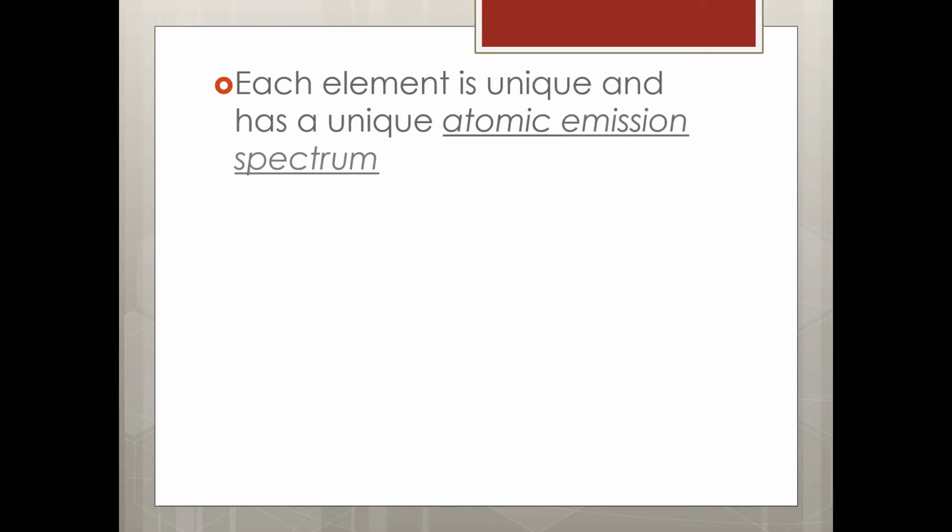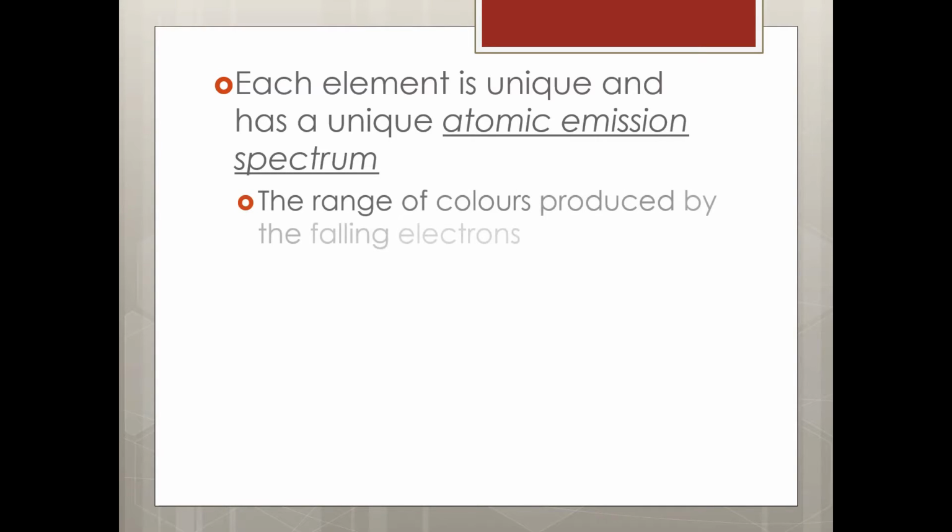Okay, and then depending on the element and the amount of electrons being excited, the electrons tend to fall back down in the same way. So in this way, each element will have a very unique atomic emission spectrum.